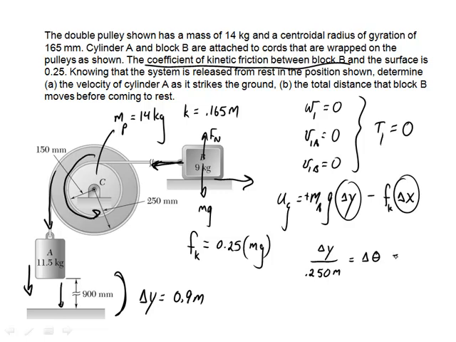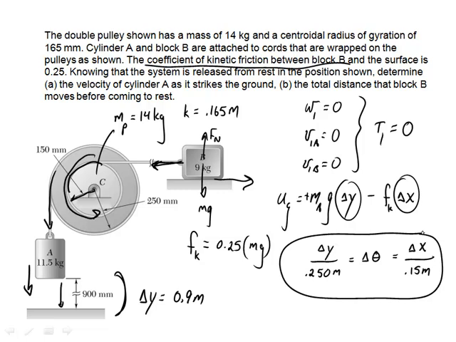But that's also going to equal delta x divided by its radius, because it's wrapped around right here at a radius of 0.15 meters. And so this equation will give me a relationship between delta y and delta x.